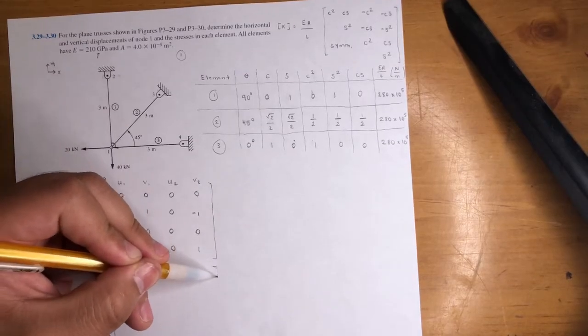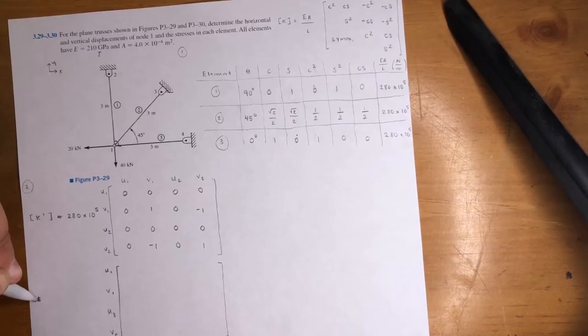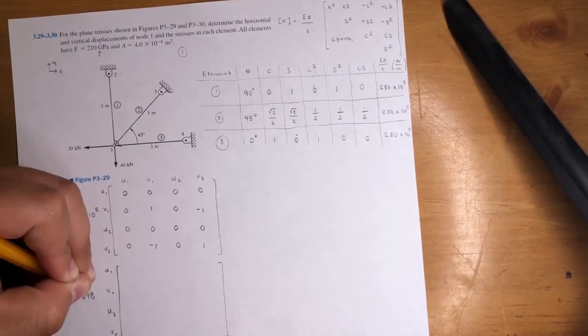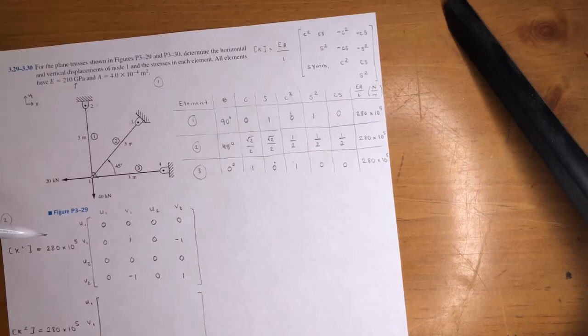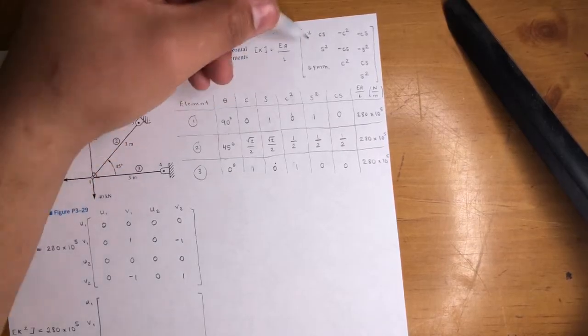And cool, let's continue doing the matrix, right? Let me go ahead and do this here. K of element 2 is equal to 280 times 10 to the 5th. Same EA over L. I'm just not BSing it, right? It's just because they have the same EA over L. Okay, now plug in.